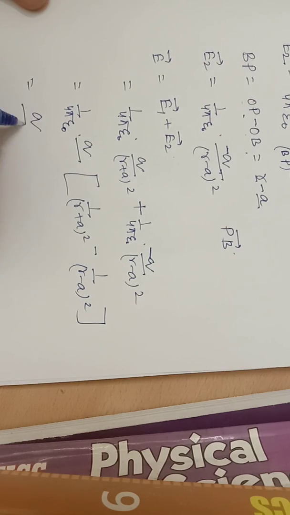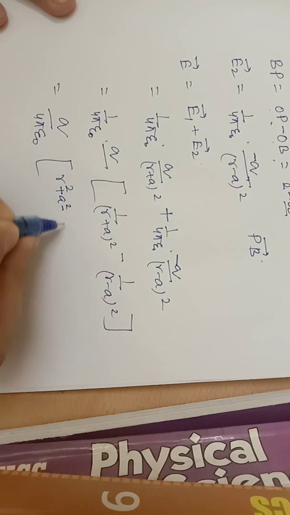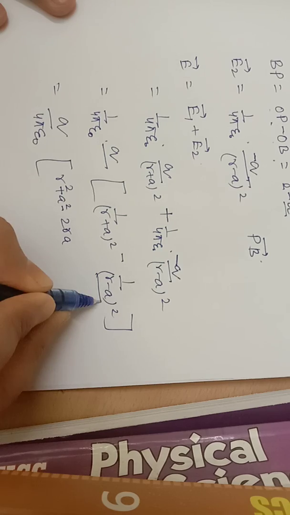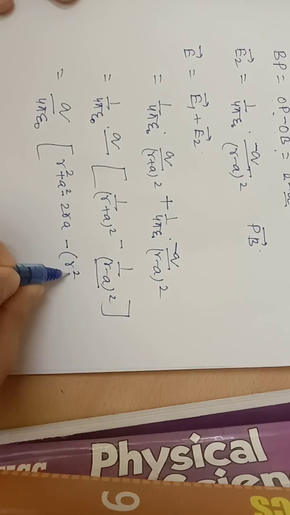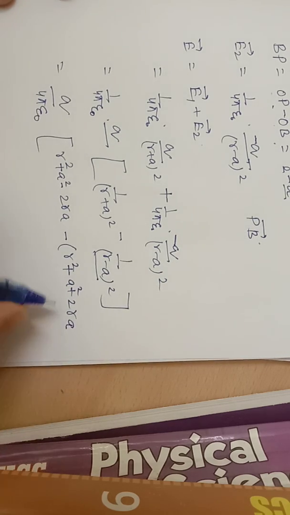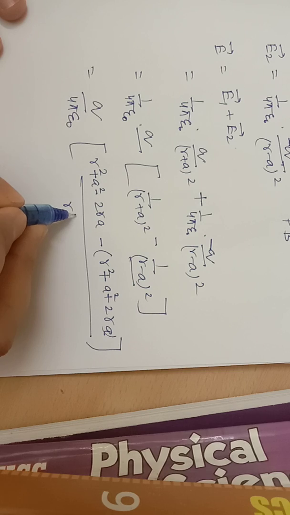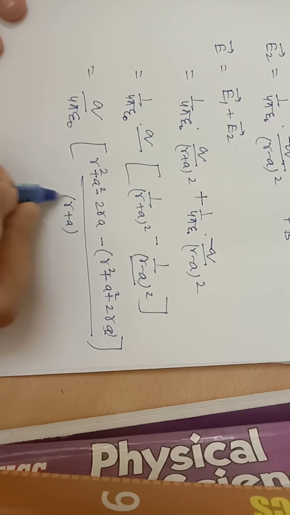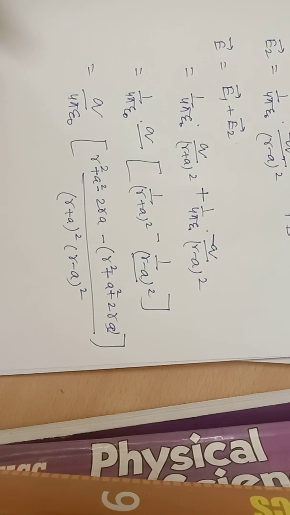So it is Q upon 4 pi epsilon naught, R square plus A square minus 2RA, open this, and on the left side plus minus bracket R square plus A square plus 2RA, bracket close, and in the denominator R plus A the whole of square, R minus A the whole of square. Clear?